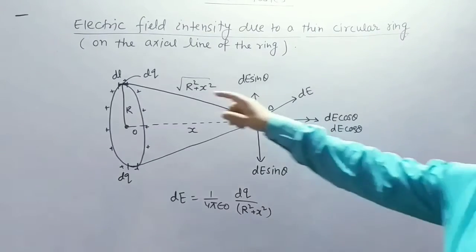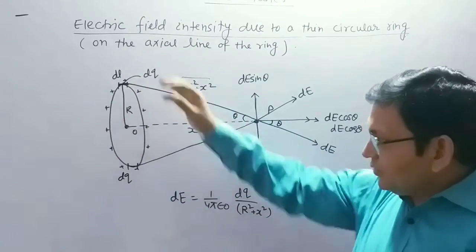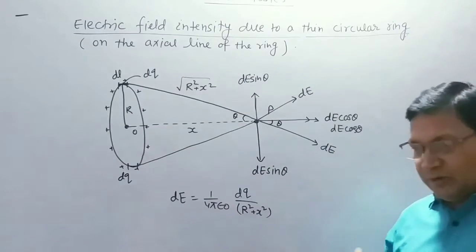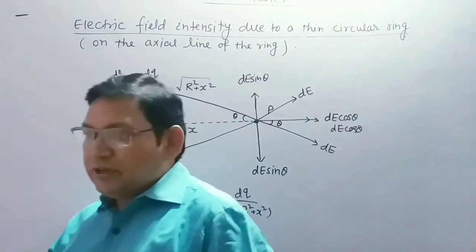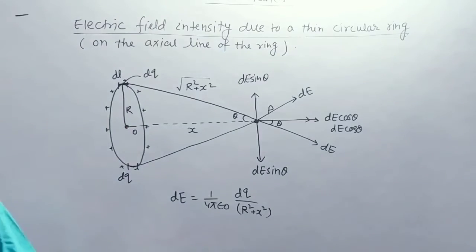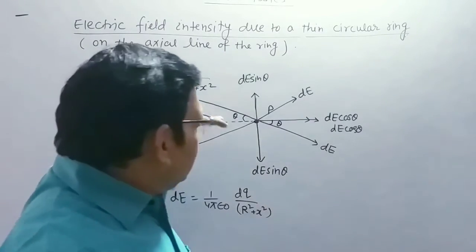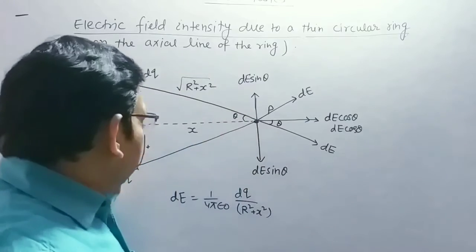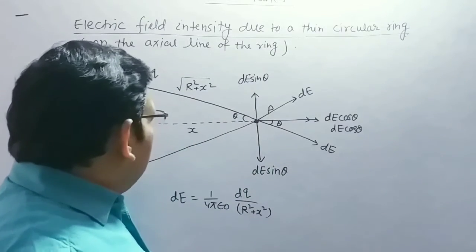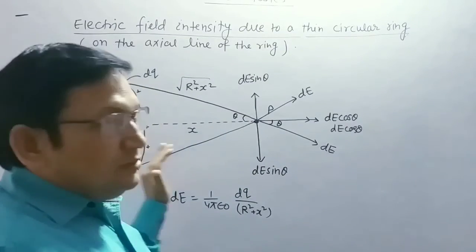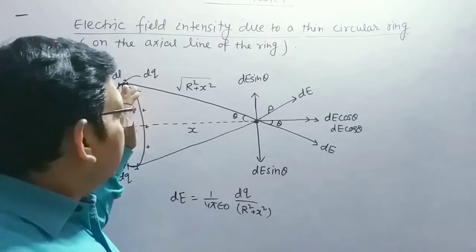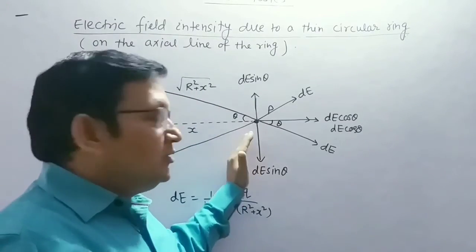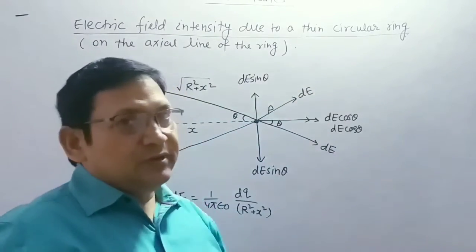Whenever we take two diametrically opposite elements, for each pair the vertical component cancels out and the horizontal component is added. We have many elements of the ring, taken in pairs, and for each pair the vertical component cancels out and the horizontal component is added.